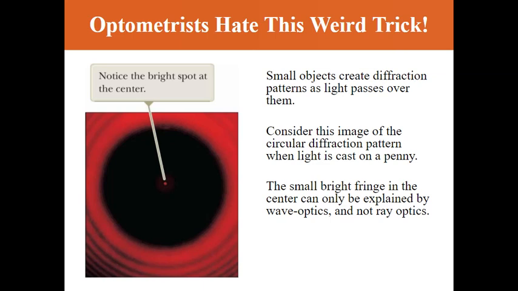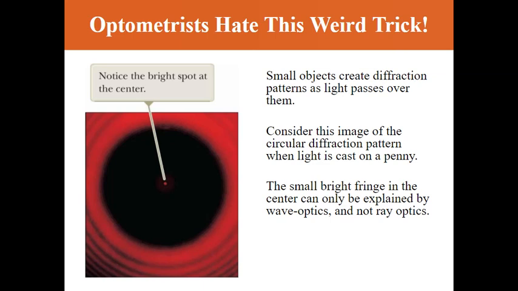So there was a competition established by the French Academy of Science to establish the true nature of light in 1818, and Simeon Poisson was all in favor of ray optics. Now, this is the same person who developed the distribution that we now call the Poisson distribution. He argued that if light were a wave, then you should be able to cast it onto a circular object, and in that object's shadow, you should see a central bright spot.